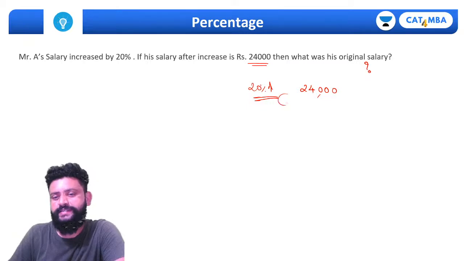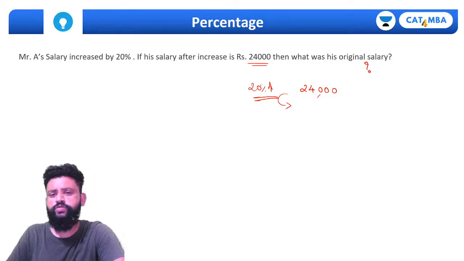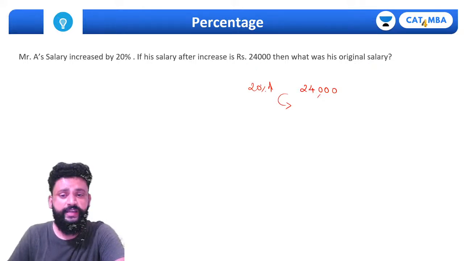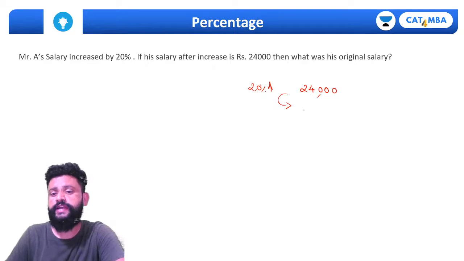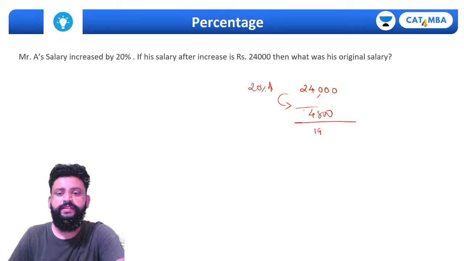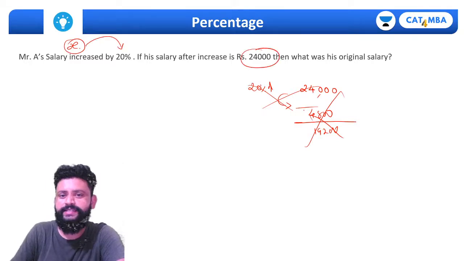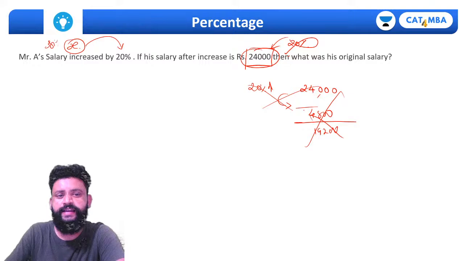Okay, so common mistakes, as this is a basic question, guys, I just wanted to clear the basics for those who have this confusion. Do not take 20% of 24,000. 10% is 2,400, 20% is 4,800, and someone subtracted it, right? So 19,200 is a completely wrong way to do it, because we don't know what A's salary was, call it X. After a 20% increase on X this is the new salary, so you should not calculate 20% of it, because the 20% was of his original salary, that is X.